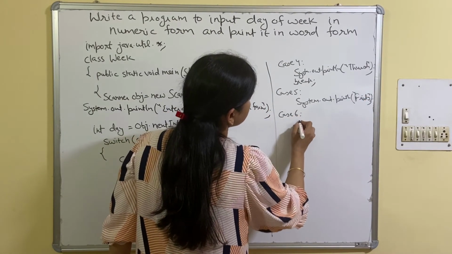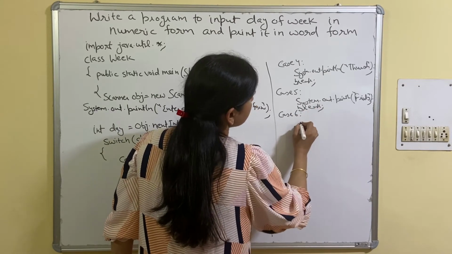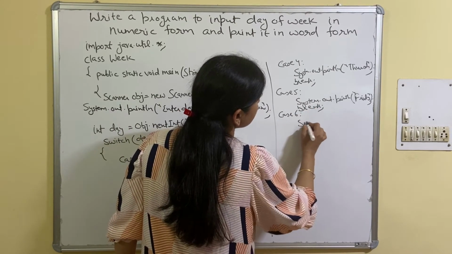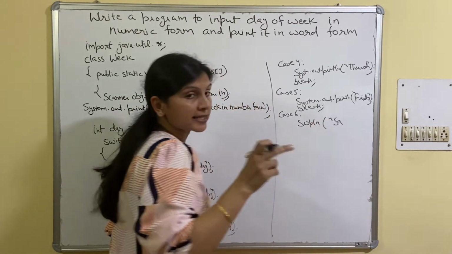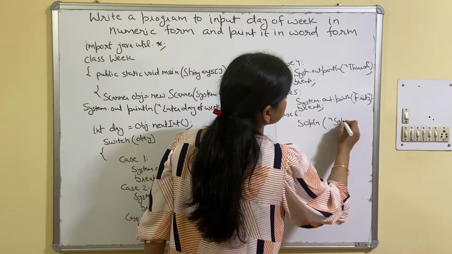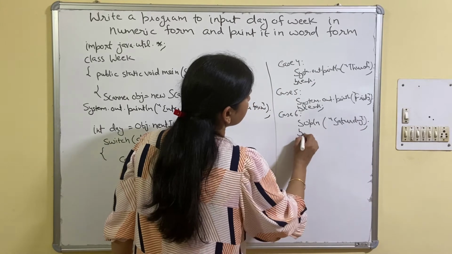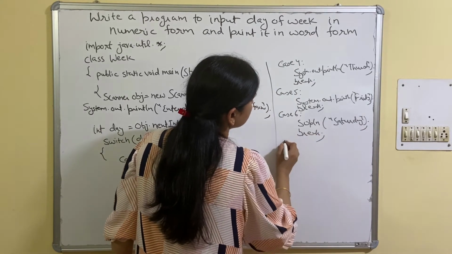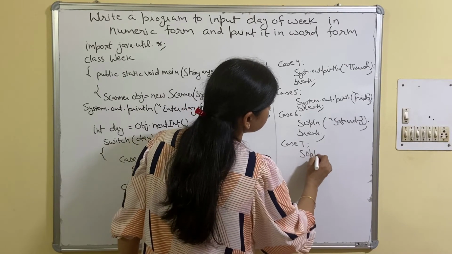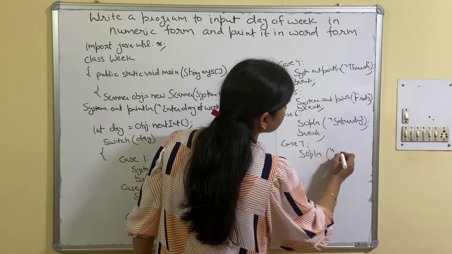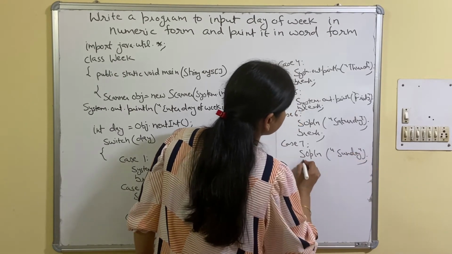Case 6, okay, break, we have forgotten. Case 6, SOPLN I am writing, but you have to write System.out.println complete. Saturday, break. Then case 7, SOPLN I am writing in short form, but you have to write complete. Fine. Sunday, break.